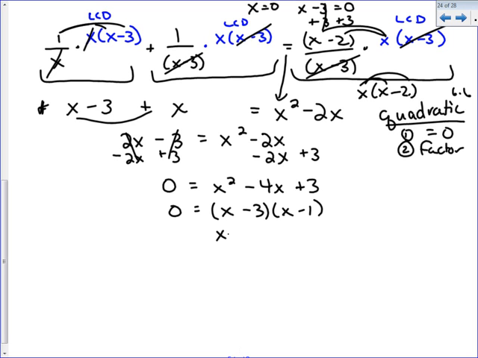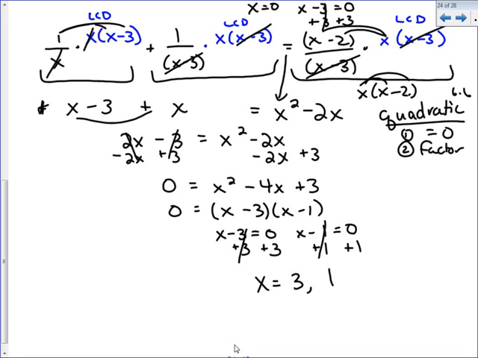Separate them. Set them each equal to 0. Just when you think things are going away, pop it right back up. So this is solving a quadratic. This comes from section 6.6. So I get 2 answers since it was a quadratic. I get x equals 3 and x equals 1.